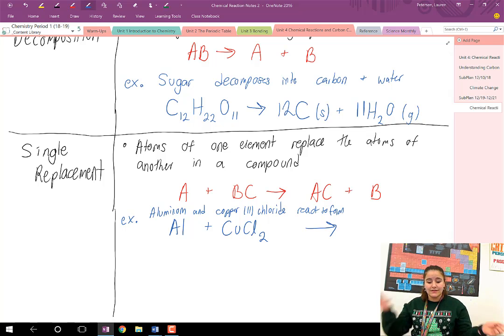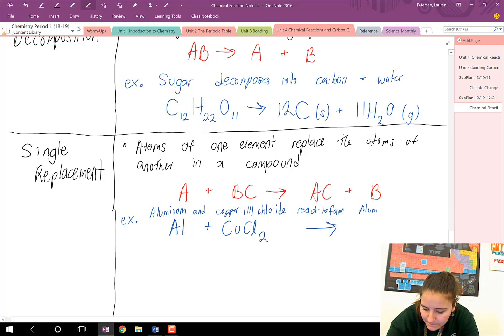So when they react, the aluminum and the copper switch places. So then we're going to have aluminum chloride and copper.